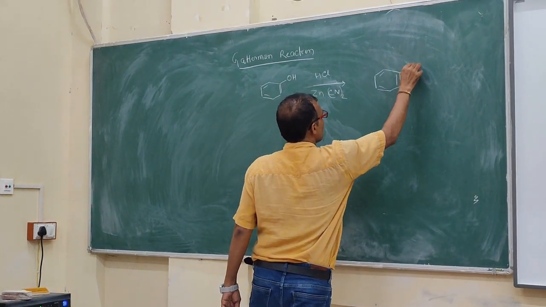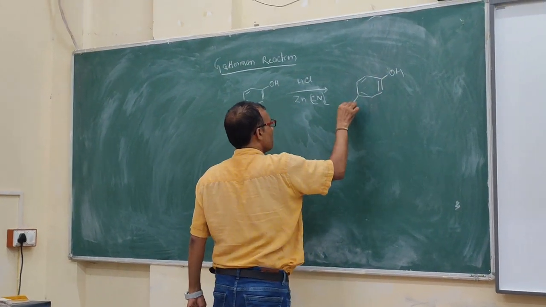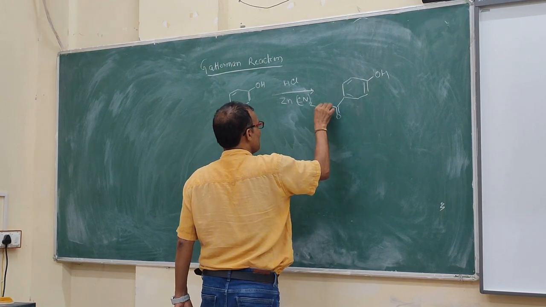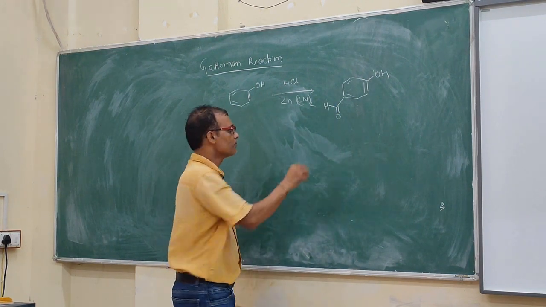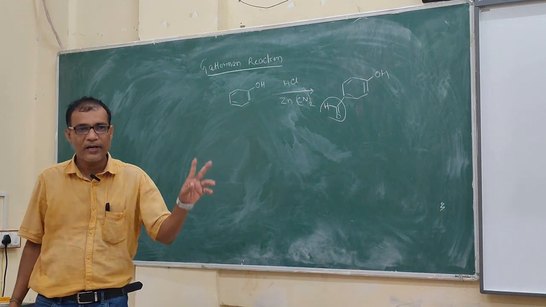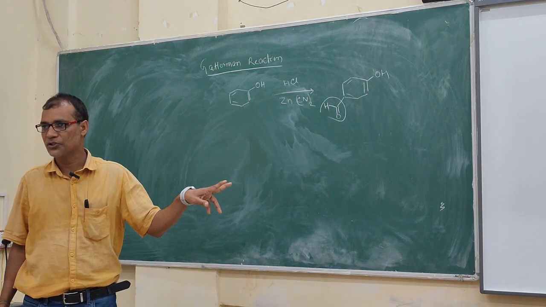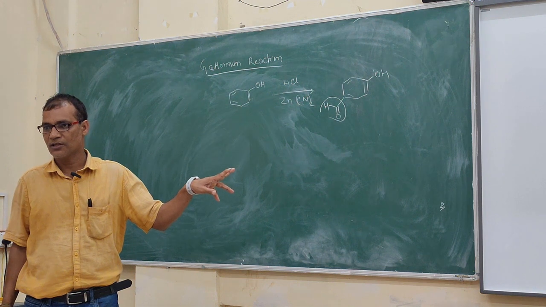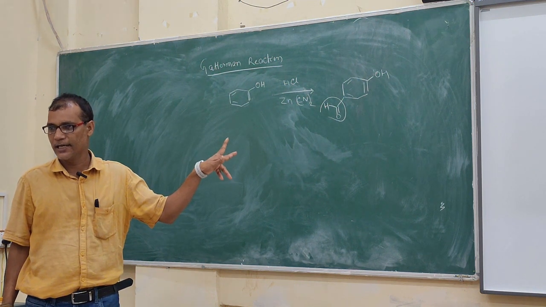So you have OH here, and the formylation will happen here. Formylation, you understand? Formaldehyde, no? Formalin, formaldehyde. So the formyl group will be introduced at the para position of the hydroxy because that is electron donating.